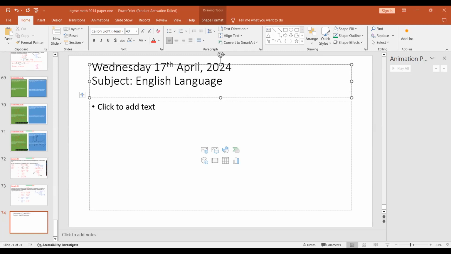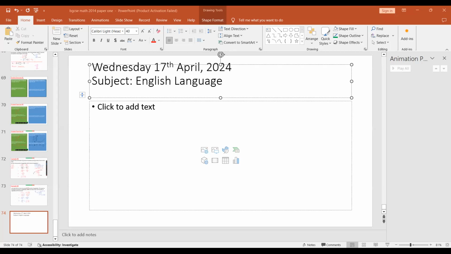Objective versus subjective. Very good. When we say objective, what do we mean? If you have an objective tone, what does that mean? It's an unbiased tone.